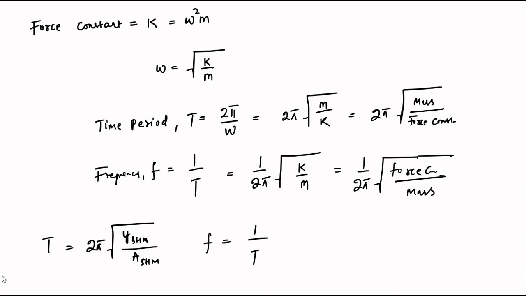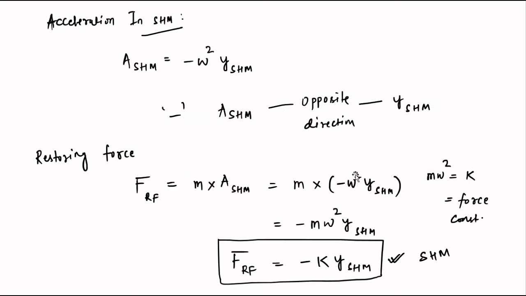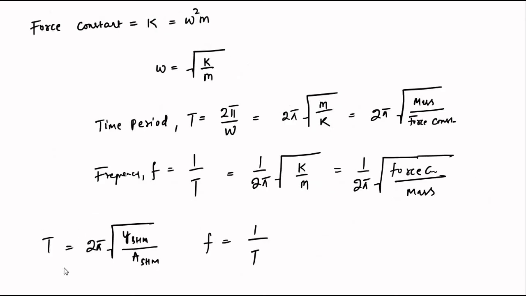But here we included the mass and force constant, the two parameters which got added where we discussed the basic dynamics, the reason for simple harmonic motion. So we got an alternate way of defining the time period and frequency of simple harmonic motion. Any way you represent it, we will get the same result.